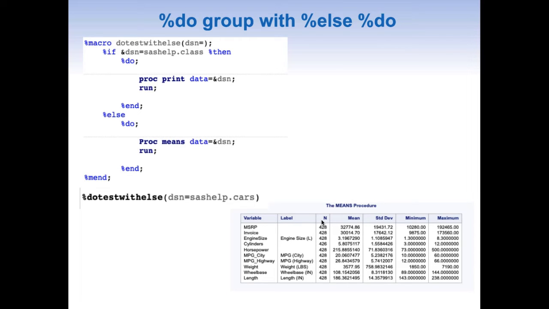So the bottom line, %do group is very similar to %if %then, the only difference being the accommodation of more statements which have semicolons. Especially we need this whenever we have a lot of SAS statements which have semicolons embedded within them.